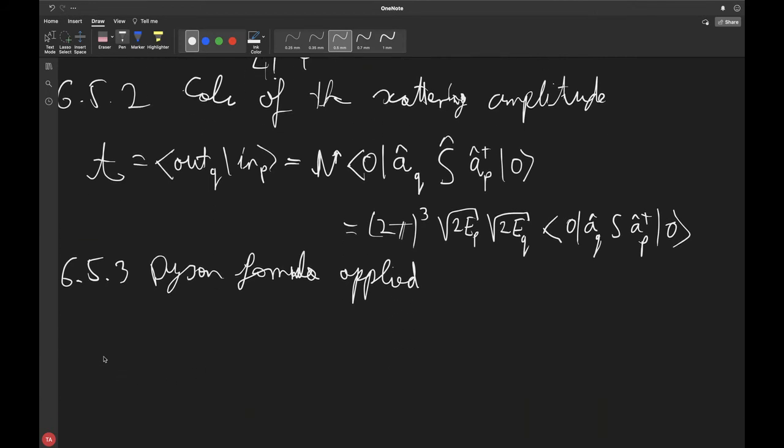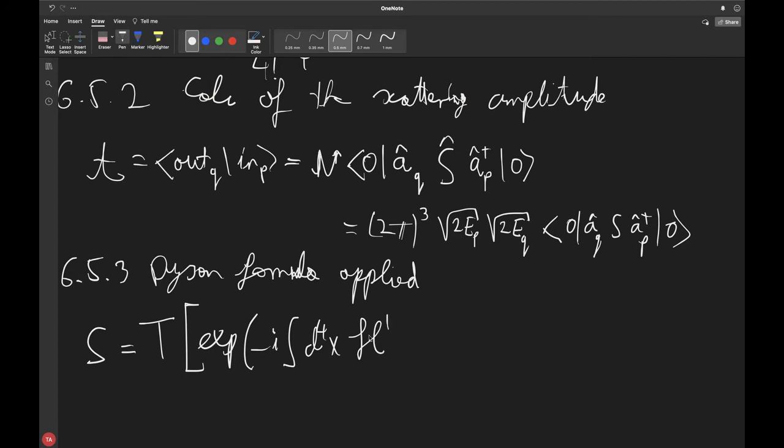We said that the S matrix is the same as the time ordering of the exponential of minus i times the integral over 4-dimensional space of the interacting part of the Hamiltonian at this space-time point.